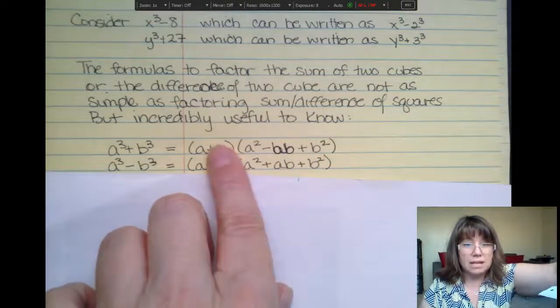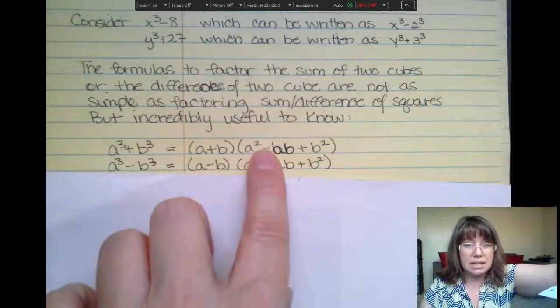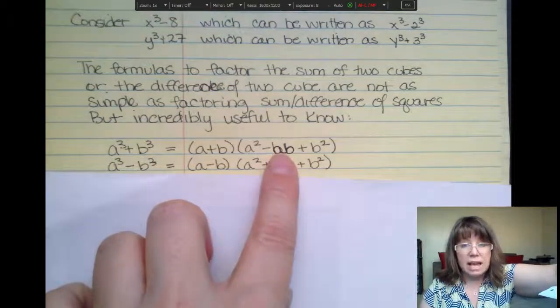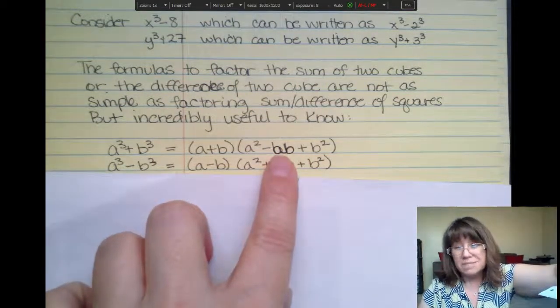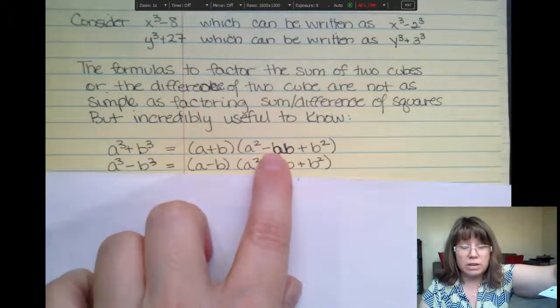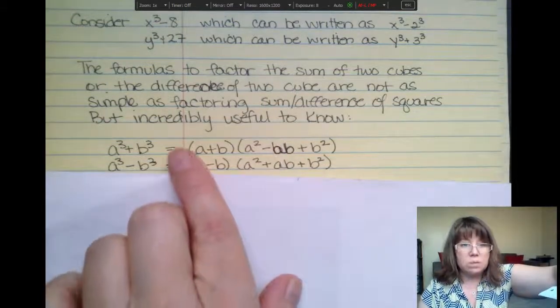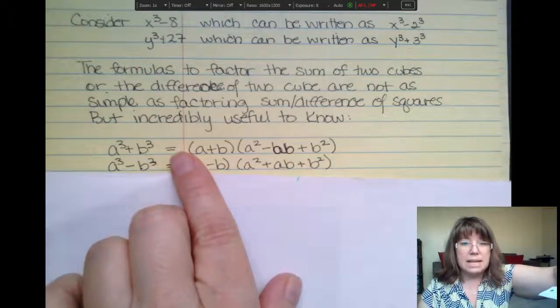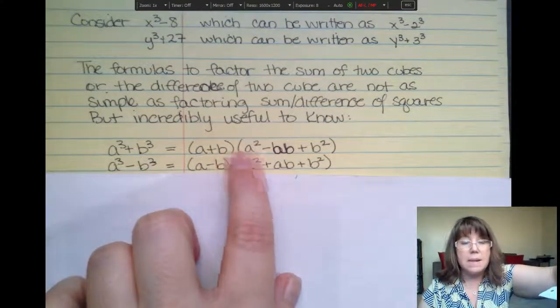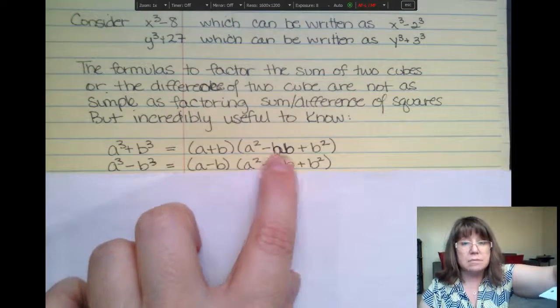You start with a plus, your second sign is a minus, and your third sign is a plus. The only thing you have to remember is it looks something like a minus b quantity squared, except there's no 2 out here. So here's how you memorize it: a cubed plus b cubed is a plus b times the quantity a squared minus ab plus b squared.